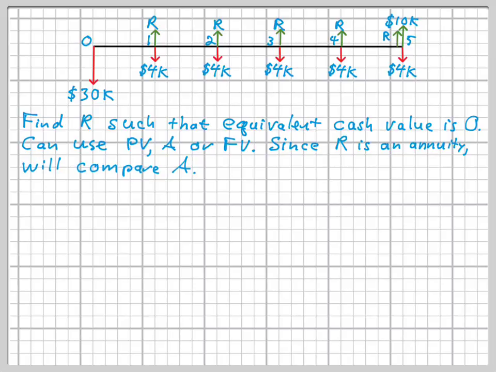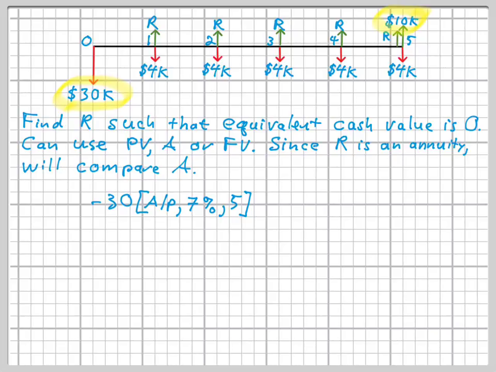So what I need to do is convert everything in this cash flow diagram to an annuity. I'll start with the $30,000 initial investment. So to convert that to an annuity, I'm going to take the $30,000 and multiply it by the equivalence factor for an annuity given a present value. That's also known as the capital recovery factor. So I'll use the capital recovery factor with an interest rate of 7% for 5 years.